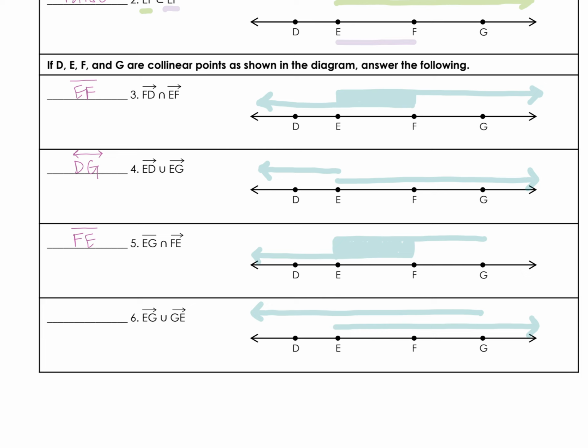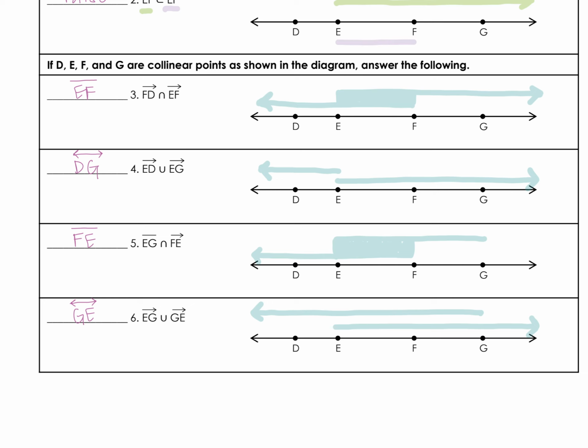And like we talked about in number 4, based off the 2 rays that they gave us, we are wanting to name a line. This one wasn't made up of opposite rays like number 4, but it is still 2 rays going in opposite directions. So for us to name this, we will be naming a line. And remember, you can pick any 2 points. I'll switch it up. We'll go with GE. And then we'll have that line with the 2 arrows above it.